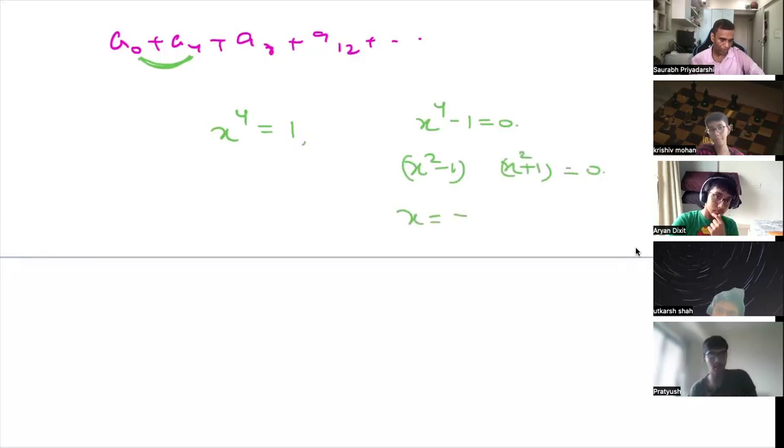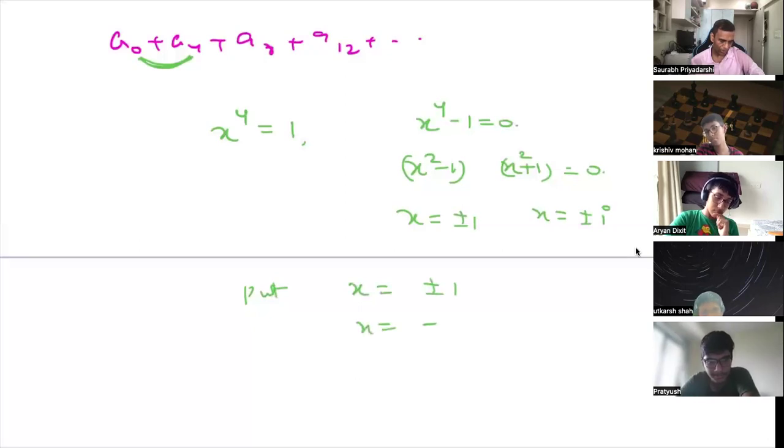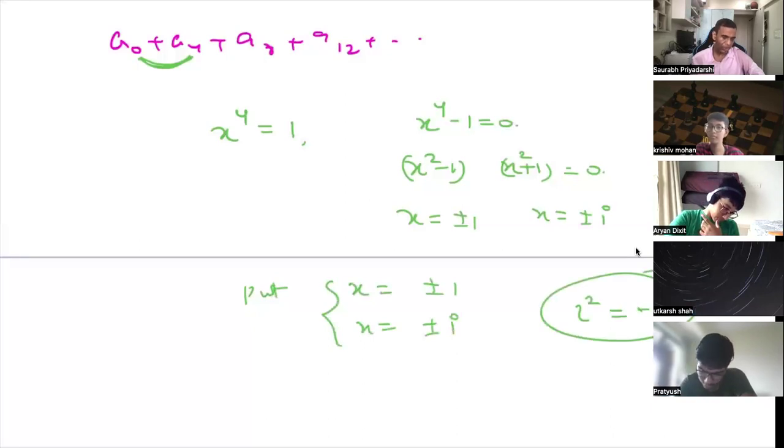You get x equal to plus minus 1 from this and x equal to plus minus i from this, where i is iota, i square is minus 1. When you put these 4 values and add the equations, you'll get the complete solution.